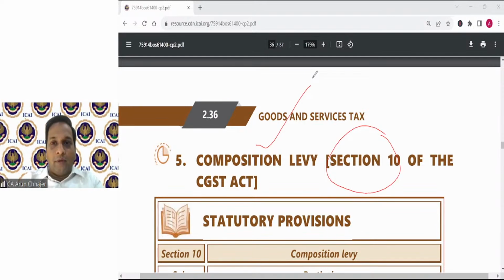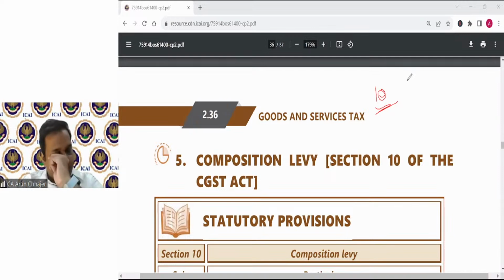Now, basically we are going to discuss section 10. When the GST was introduced, the composition was very limited, and it was applicable only to goods except one service.